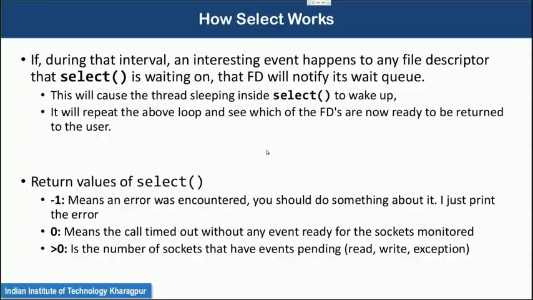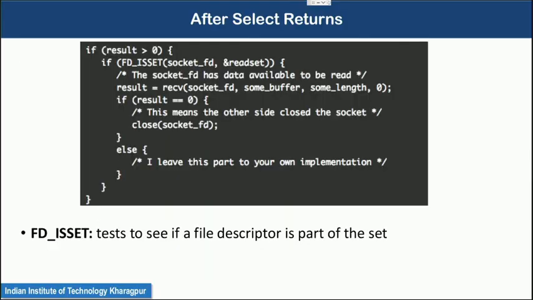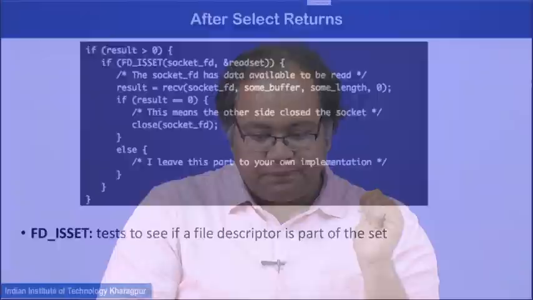After select returns, you can use the function called FD_ISSET to test whether a file descriptor is part of the set. If the file descriptor is set, that means you have something to read if it is a read file descriptor, or you can write if it is a write file descriptor.